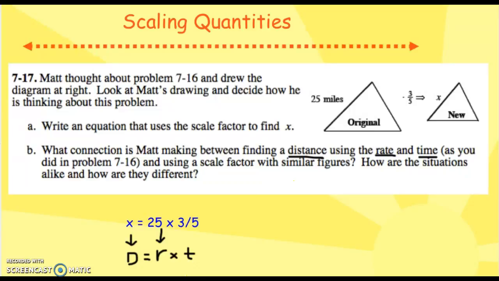When we talked about distance, rate, and time in the last lesson, we came up with the equation distance equals rate times time, and this equation is always true. So we did the same thing here, only we filled in distance with x, rate with our number of 25, how fast he goes, and time of 3/5, because that's how long he had been riding for. So this is an important equation that you need to make sure that you have written down.